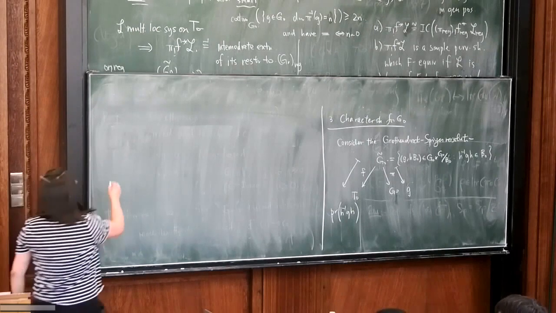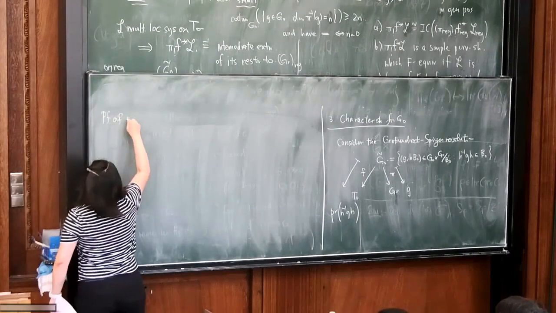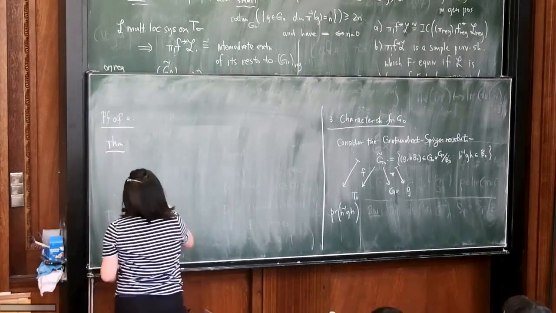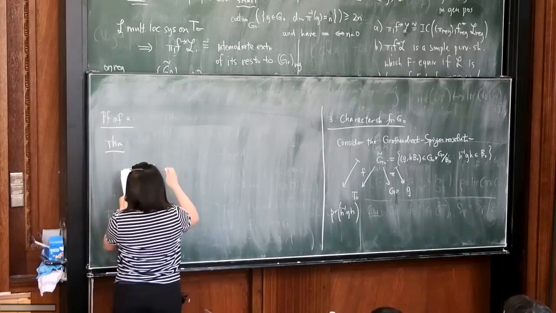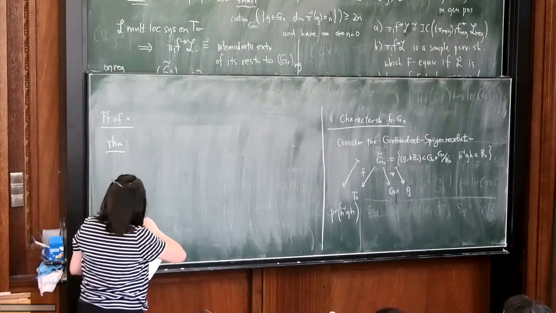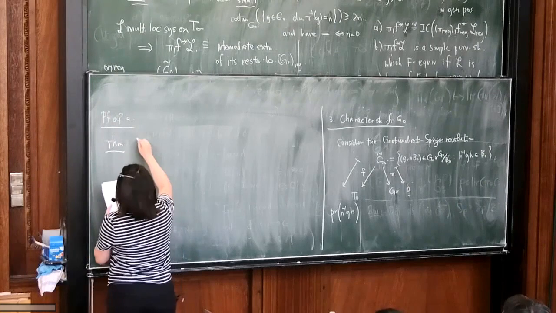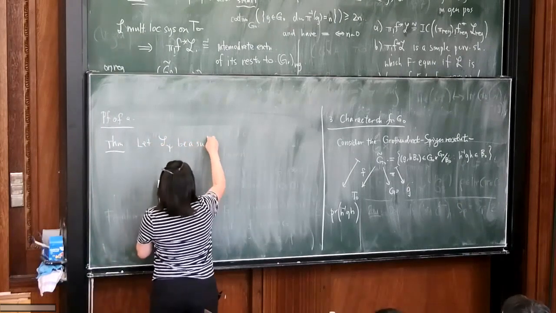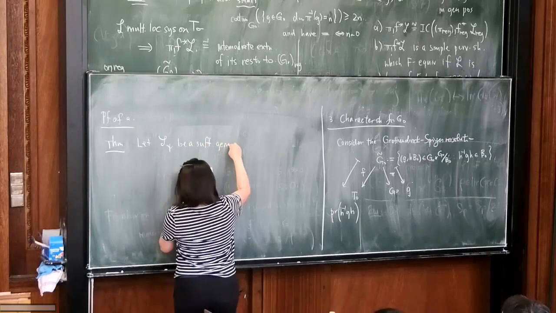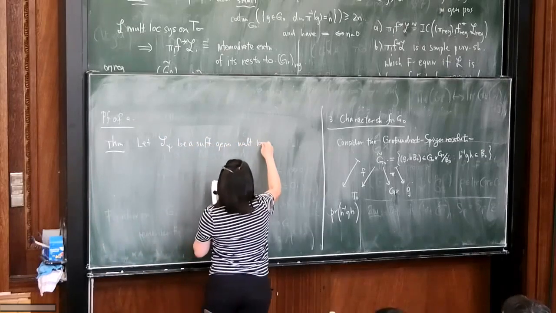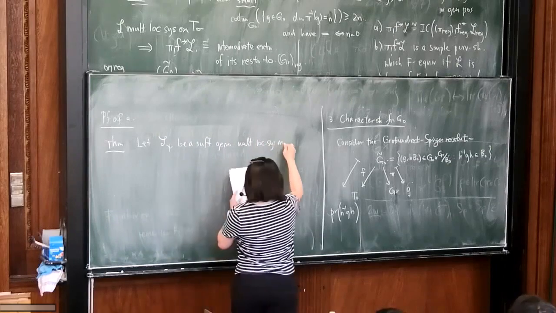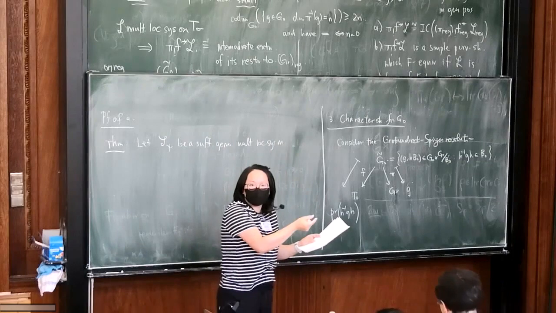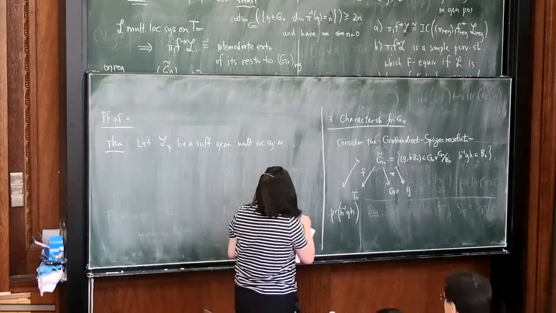Okay, so proof of A. The proof of A comes down to the following theorem. Let L psi be a sufficiently generic multiplicative local system on not the full TR, but just the deepest part of TR, the part that's actually controlling this G genericity part.